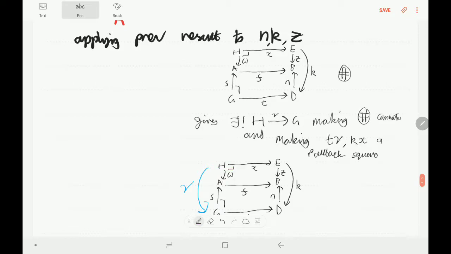And also that the perimeter of this diagram now also forms a pullback.